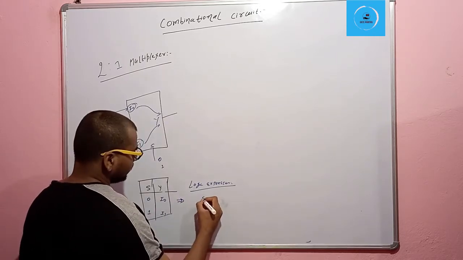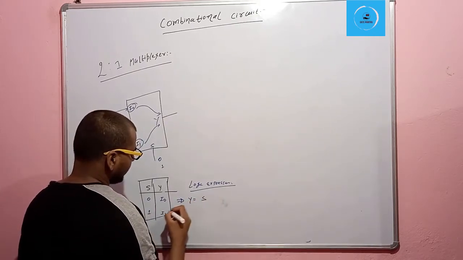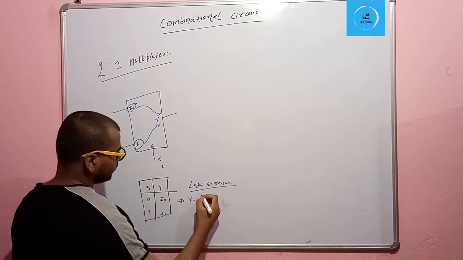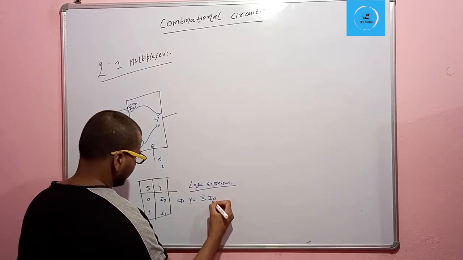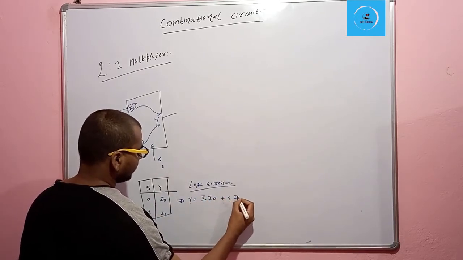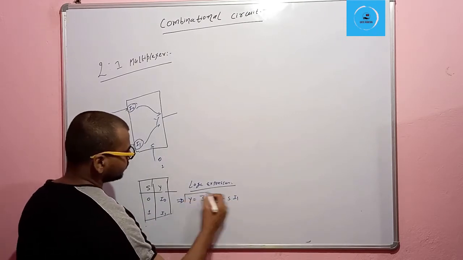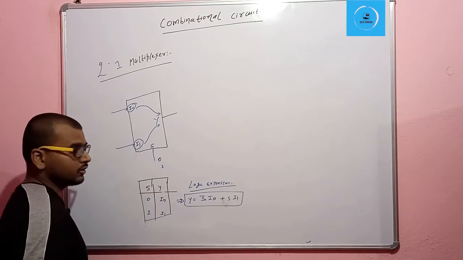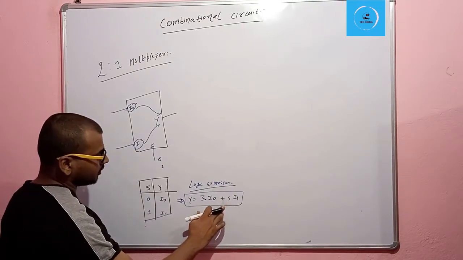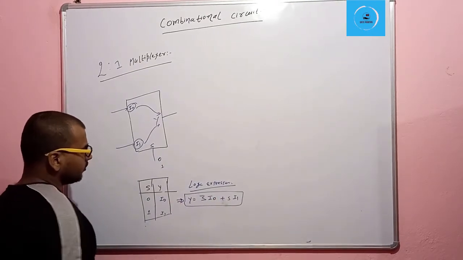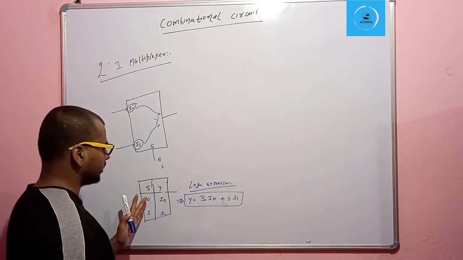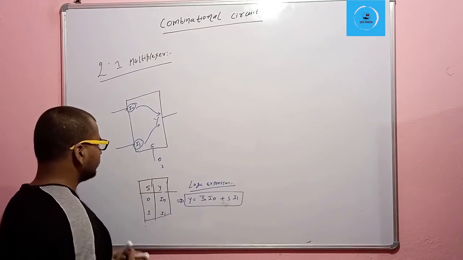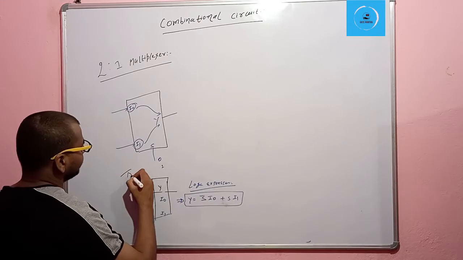So here the logic expression Y will be equal to S bar I0 plus S I1, right? I don't think there will be any confusion here, because we know how to get the logic expression from the truth table.